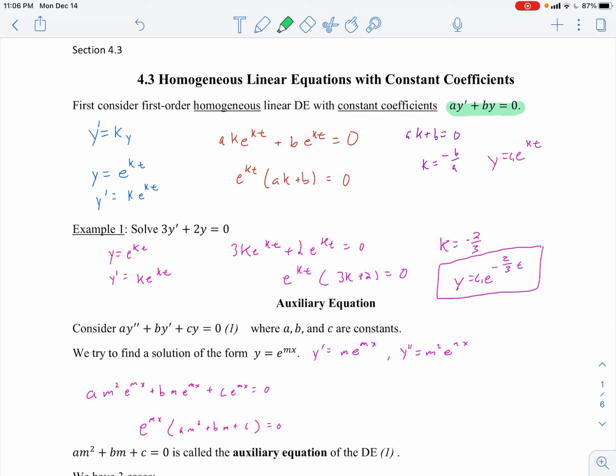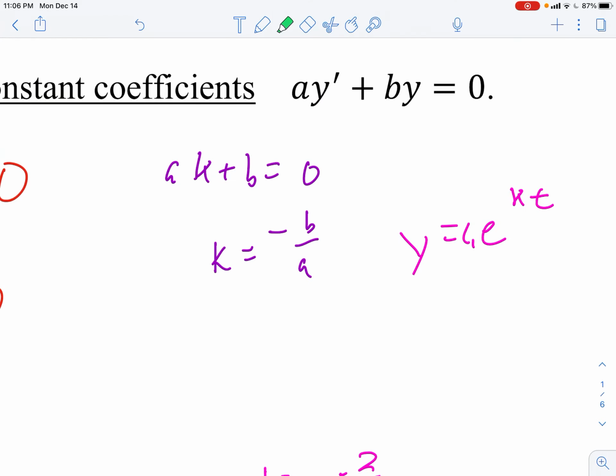If we are given a first order, homogeneous linear differential equation, and we see that A and B are both going to be constant coefficients, then more than likely you're going to have some y that when you take the derivative of y, it's just going to be y times a constant, k.